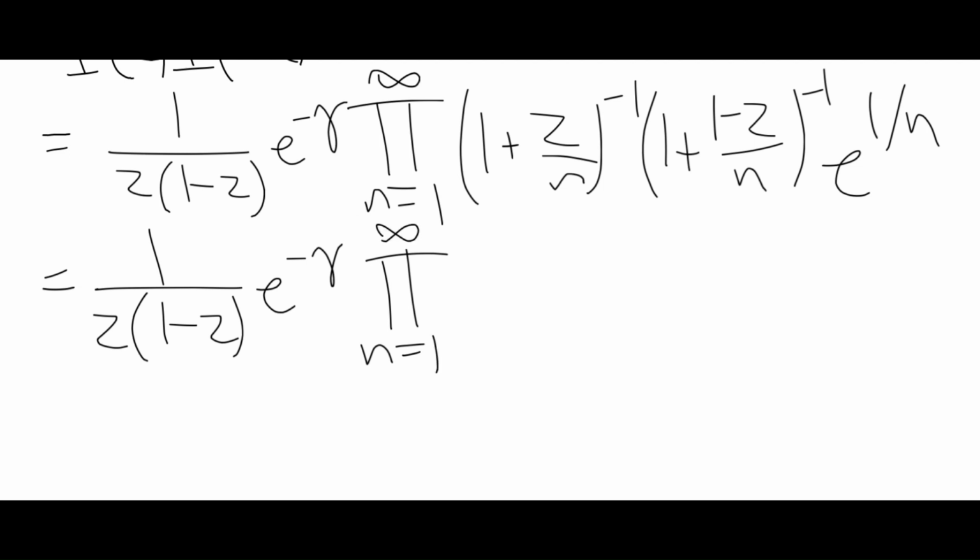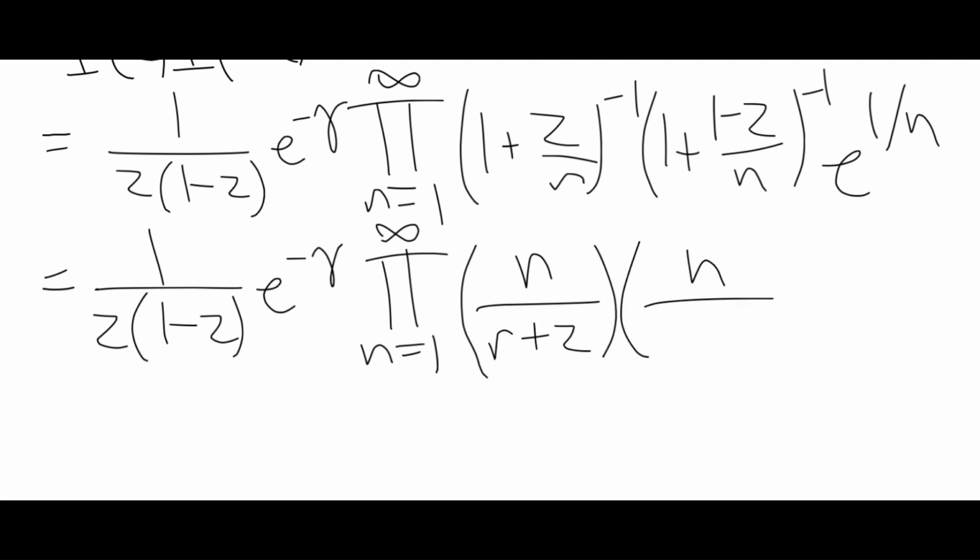We can write this as n over n plus z times n over n plus 1 minus z times e to the 1 over n.